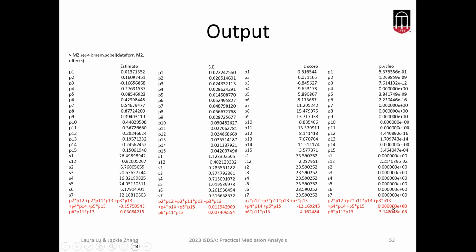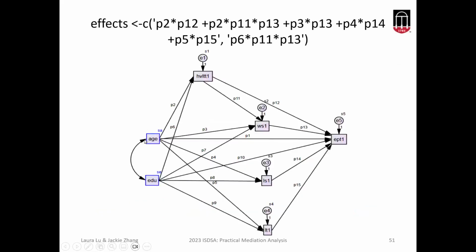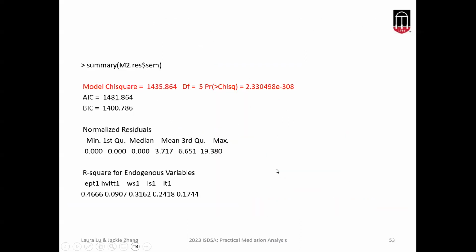Based on the P value here, it is significant. So what does that mean? From H to EPT, the total indirect effect, either from here, here, or here, added together, is significant.